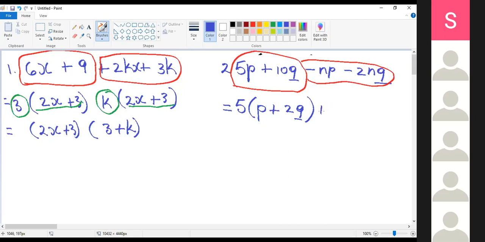So let's do N. If you have N here, what's going to be the answer?